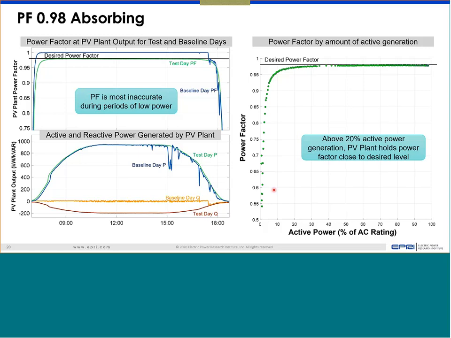So all these errors are magnified because you are dividing by a small number, 5%, 10% power generation. Basically, error gets magnified. That is the main reason that inverters typically struggle to maintain tight power factor accuracy when the power generation is at low values.